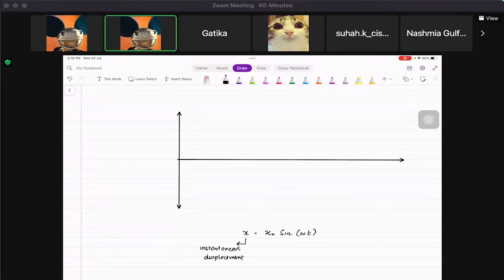This is the maximum displacement, and the function is sine, and omega is the angular speed, and this is the time. Alright, so this is the equation given already. You just need to remember that because we've learned that omega was supposed to be theta upon time, so theta and omega t are basically the same thing. That comes from the very first chapter of circular motion.